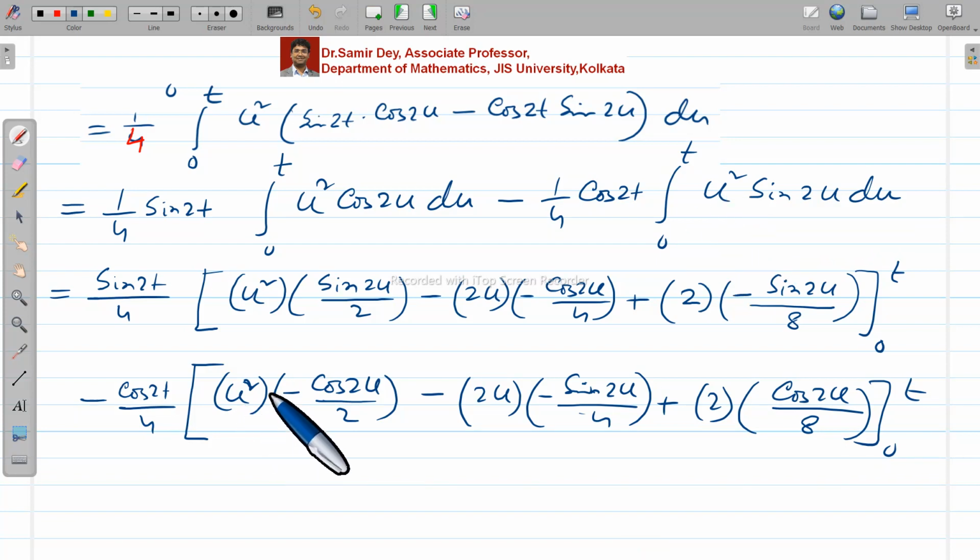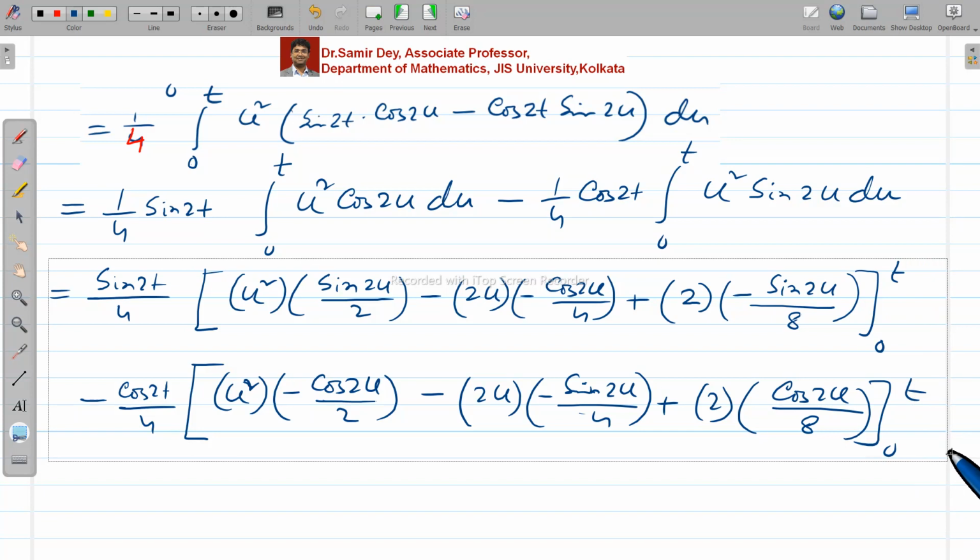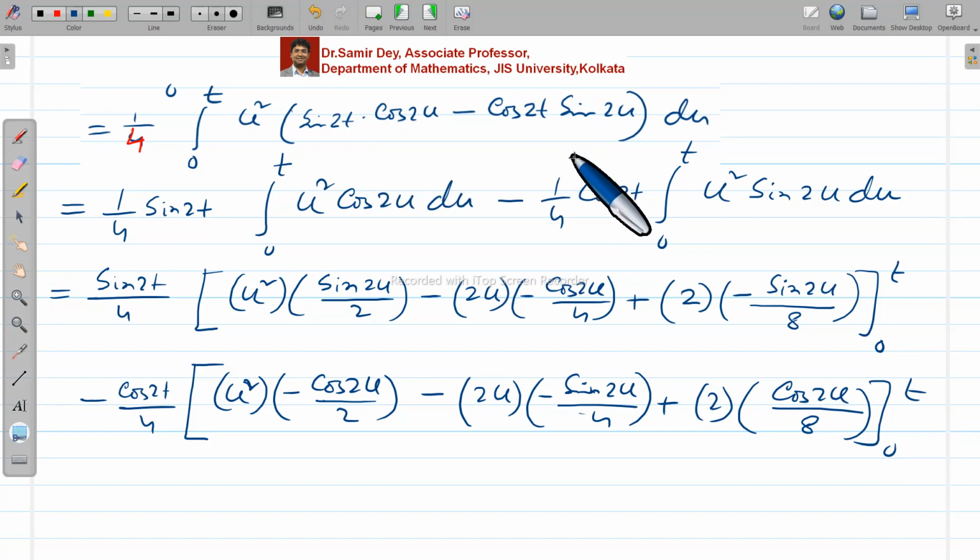You write integration of this, sine, minus cos, minus derivative of it, integration of this, derivative of this, integration of this, and so on. Is it okay? Next line, you have to open your bracket, then substitute your value and find the result, upper limit and lower limit.